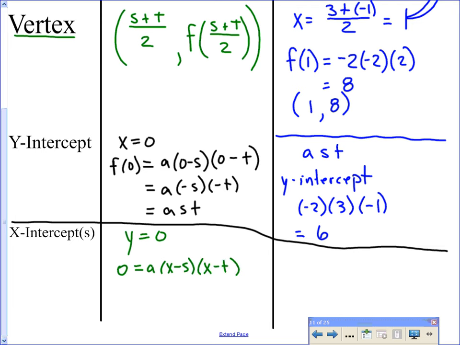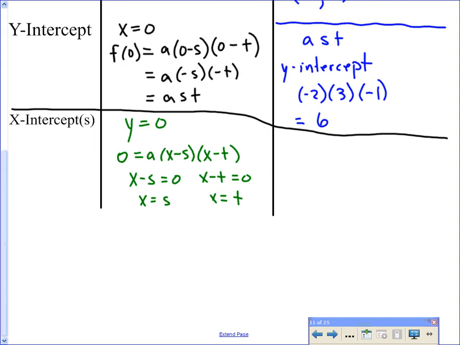Here we can just use the zero product property, and we know that this means that x minus s is equal to 0, or x minus t is equal to 0, which would tell us that x equals s and x equals t. So those are going to be our x-intercepts. The point (s, 0) and then the point (t, 0) are going to be our x-intercepts.